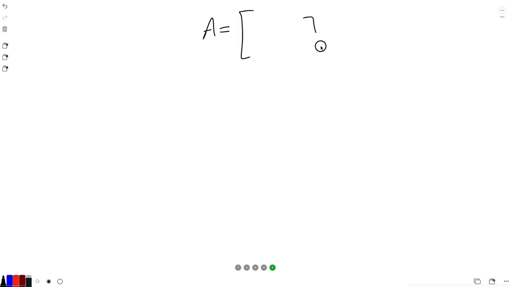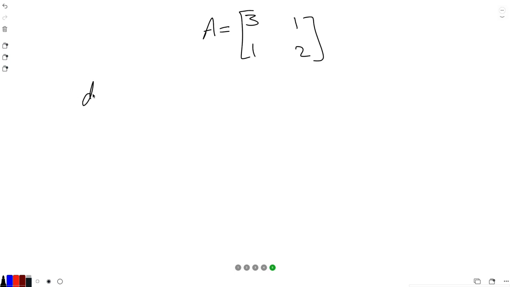Let us have matrix A, which is a symmetric matrix. A symmetric matrix can be anything in the diagonal, for example 3 and 2, but here we have 1 and 1. Now we have a symmetric matrix, and for sure the eigenvalues will be real numbers.